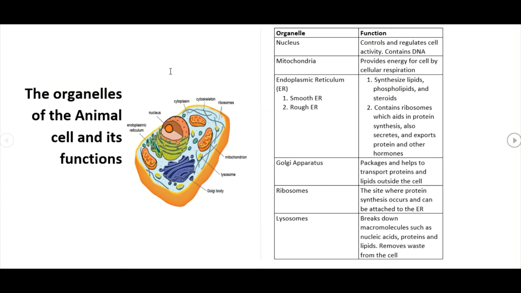The vacuole does endocytosis and exocytosis in the animal cell. It also has storage functions, but on a much lesser scale than that of plants. You guys don't need to really worry about exocytosis and endocytosis right now. We won't get into too much detail about that.